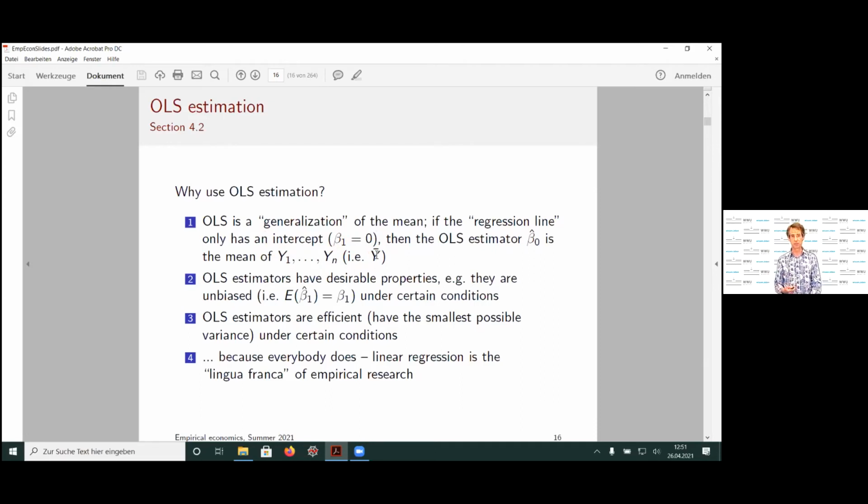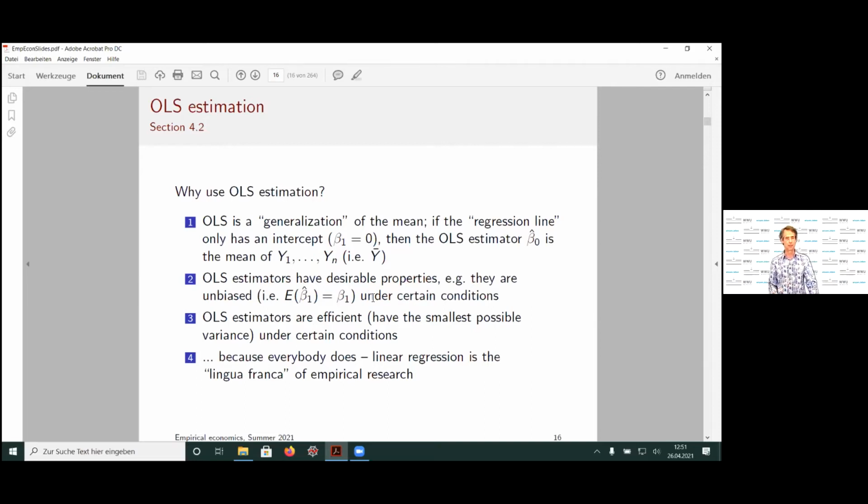The second reason why we use ordinary least squares is that the estimators have quite a number of desirable properties. For instance, they are unbiased, which means that, as a precursor, we come back to that later on, the expectation of the estimator is equal to the true value, at least under certain conditions that we will talk about a lot during this term.